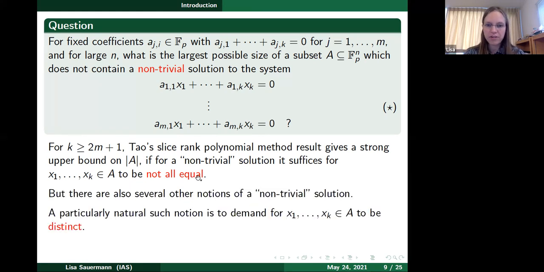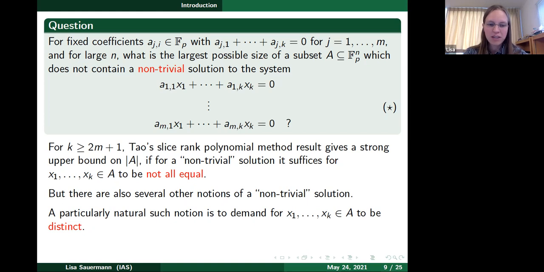But there are also various other notions of what we might want to mean by non-trivial, and there's literature. So in the case of problems in the integers from 1 to n, there's literature dating back more than 20 years ago by Ruzsa, who studied various notions of non-trivial solutions and how they compare to each other.